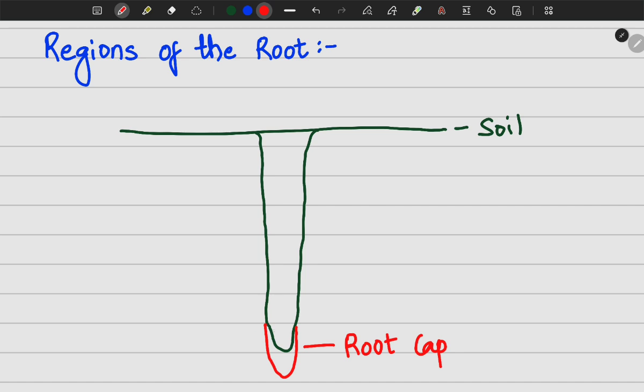A few millimeters above this root cap is the region of meristematic activity. So suppose this is the region of meristematic activity.